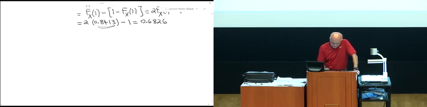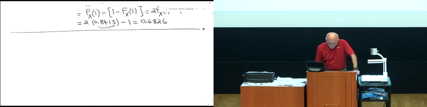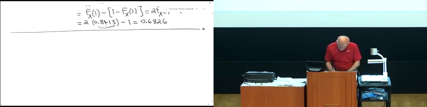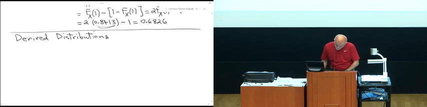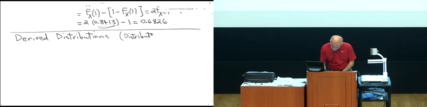Okay. All right. Now, I want to talk a little bit about a topic that's sometimes referred to as derived distributions, and sometimes referred to as distributions of transformed random variables.